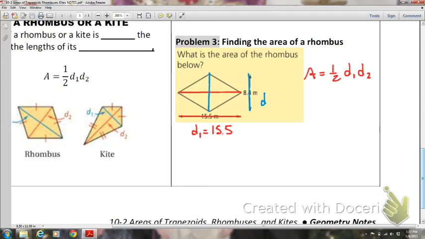So diagonal 2 is 8.4. If you substitute these measurements into your formula, you get 1/2 of 15.5 times 8.4. And put that in your calculator, you're going to get 65.1, and that's meters squared for the area of the rhombus.